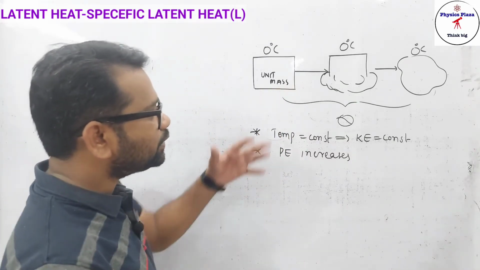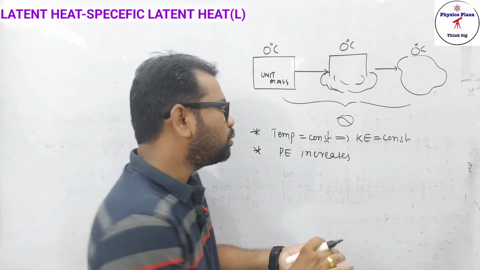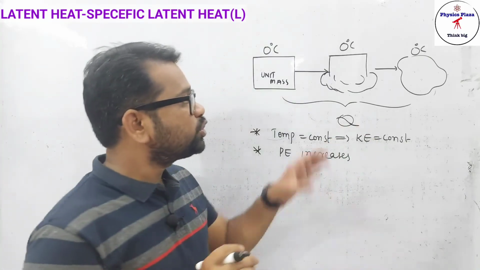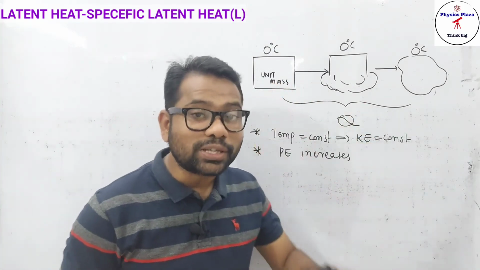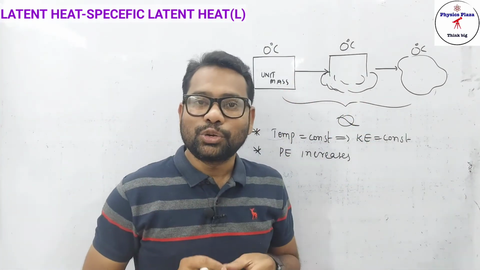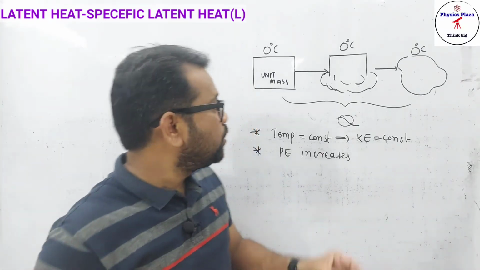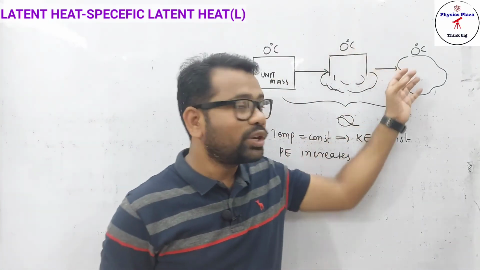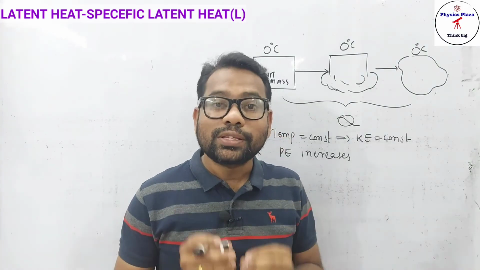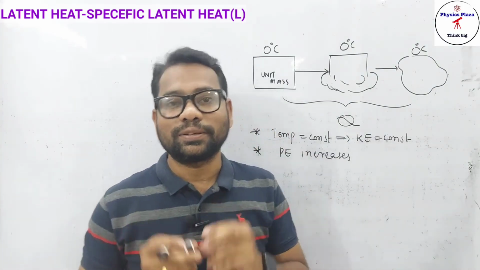Now let us define it in the same manner. The amount of heat energy required to change the substance of unit mass from one state to another state at constant temperature is called specific latent heat.